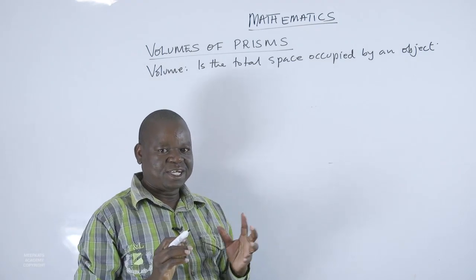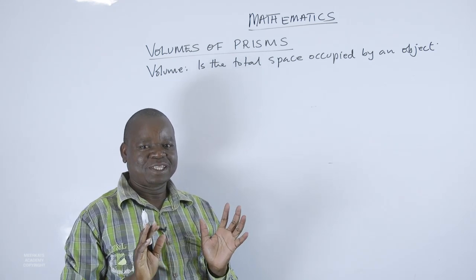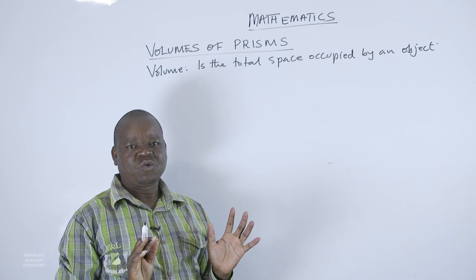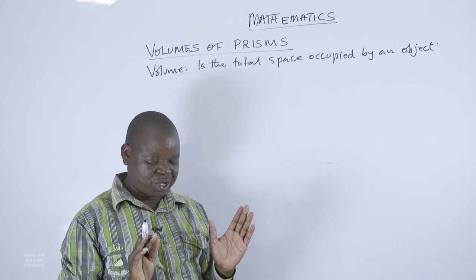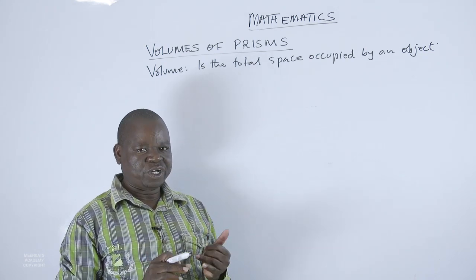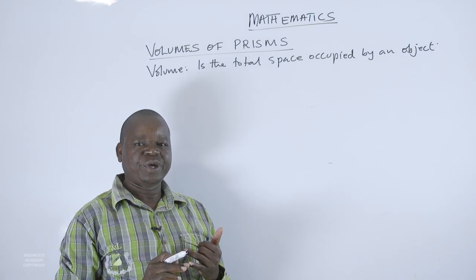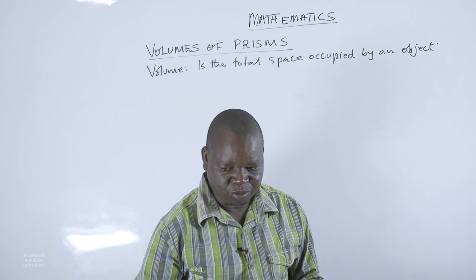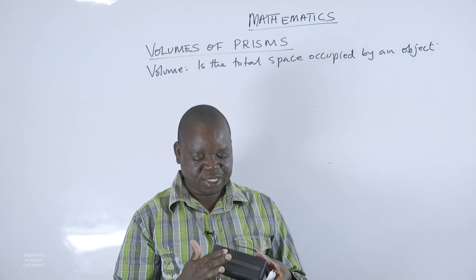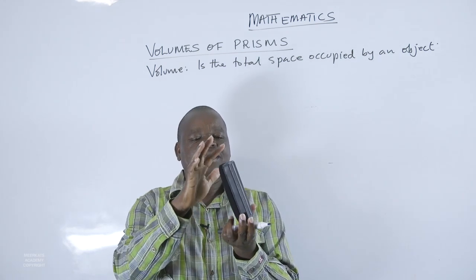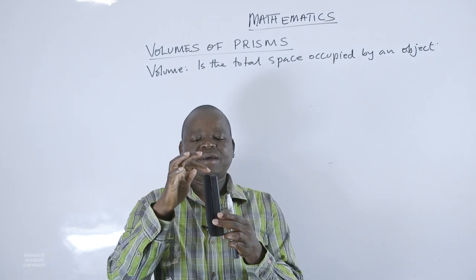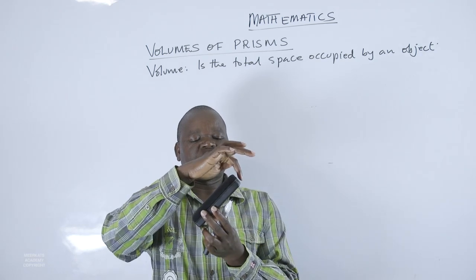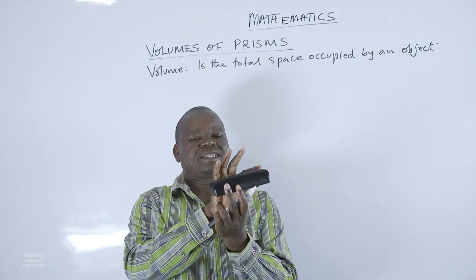And therefore, when we discuss volume, we look at the three-dimensional measurements that that figure will occupy. For example, we can ask ourselves, what is the volume of this particular container, which is defined by length, width, and height.